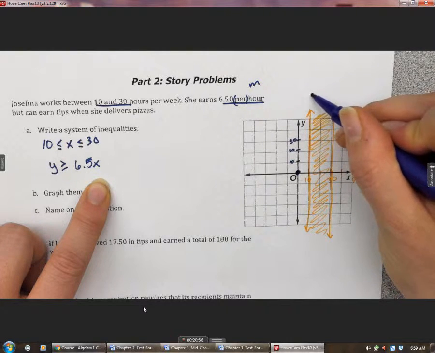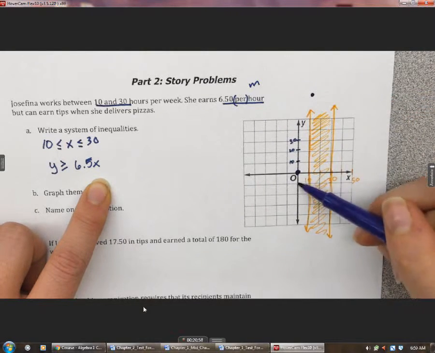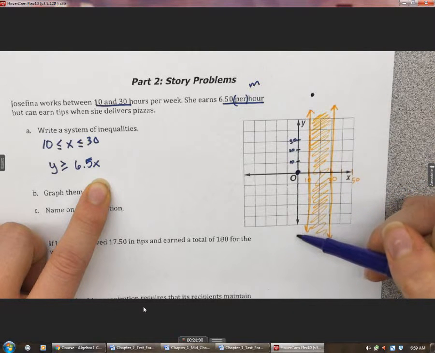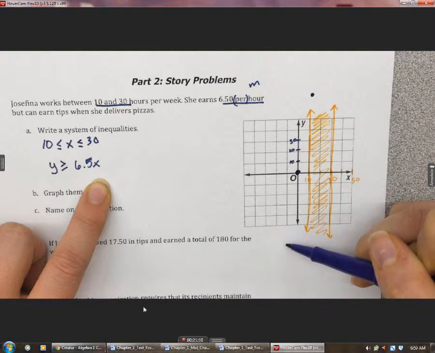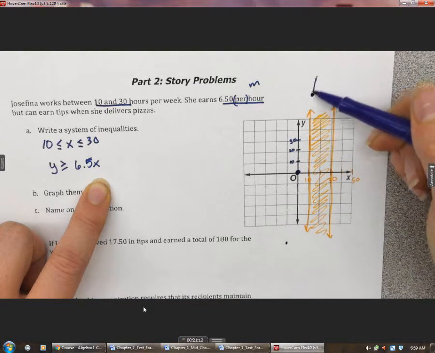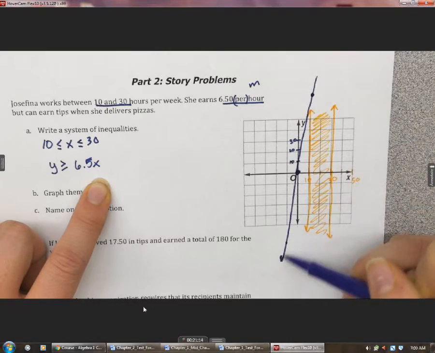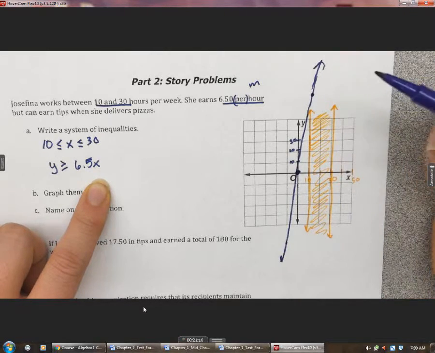This is a super steep graph. Not hugely concerned about how you're graphing this, mostly just that you're graphing it.